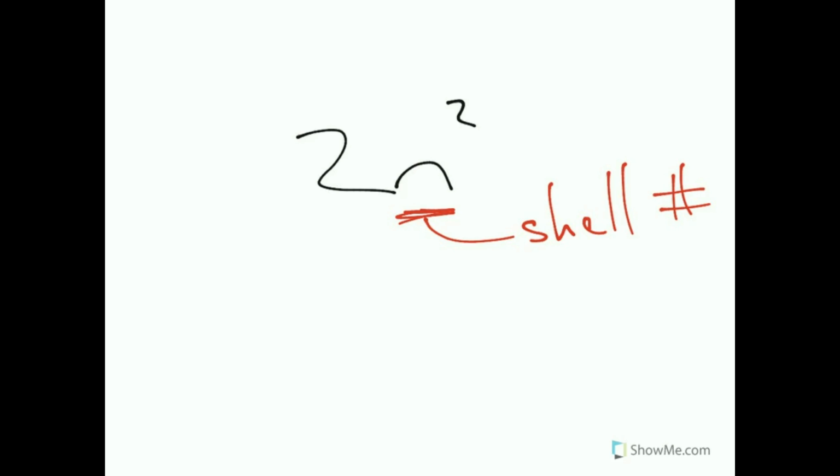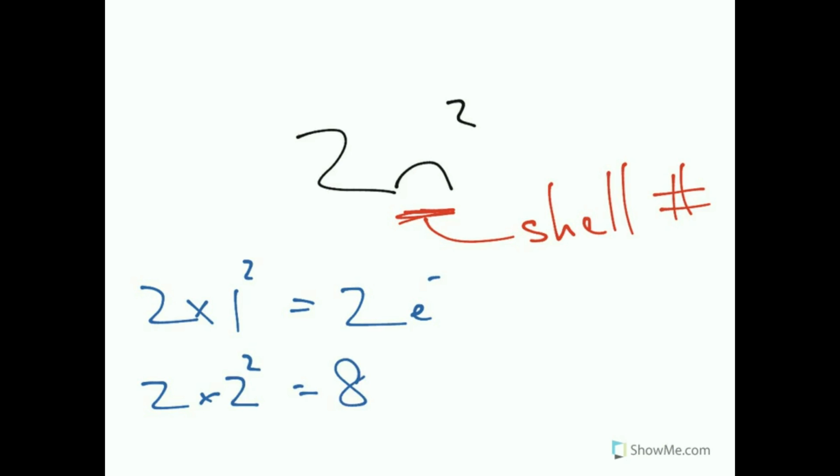Applying this simple formula, for the first shell, where n equals 1, if we square that and then multiply it by 2, we see the first shell can take a maximum of 2 electrons. The second shell can take a maximum of 8 electrons, because it's 2 times 2 squared, so 2 times 4 gives us 8.